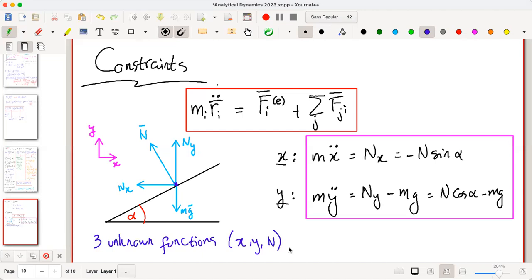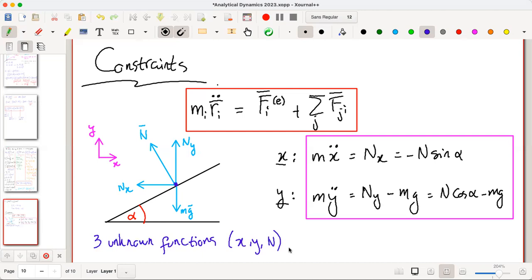So our equation of motion is not sufficient. We need one more condition. So here is where the constraint plays a role. What information can we extract from the concept of constraint here?